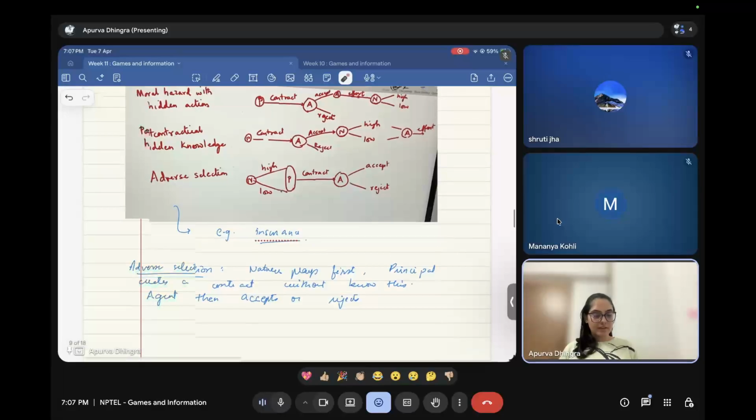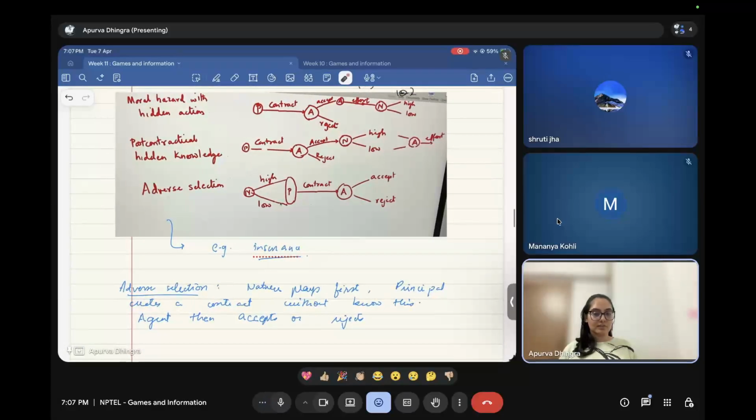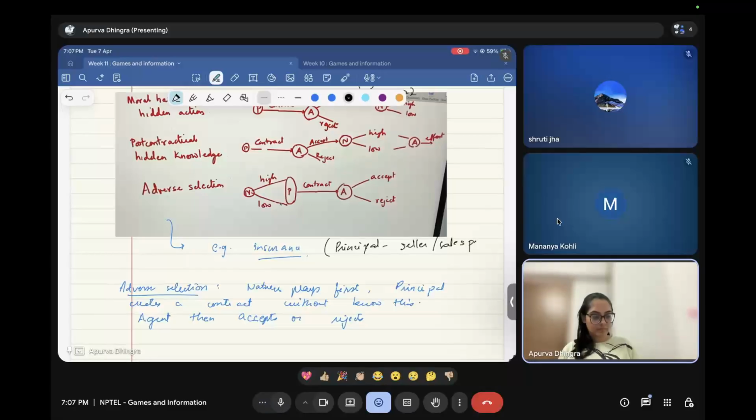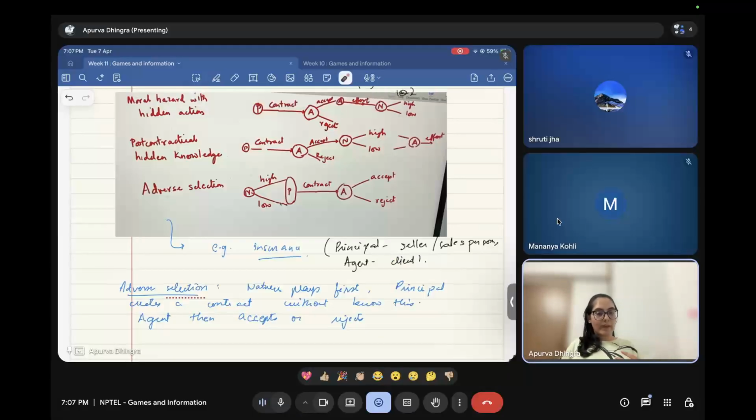So this can be thought of as an insurance example. Principal is the one who is trying to sell the insurance, the insurance seller or the salesperson, and agent can be thought of as the client, because when a salesperson goes to a client and tells him, you know what, I have this so and so insurance policy, would you like to buy it?